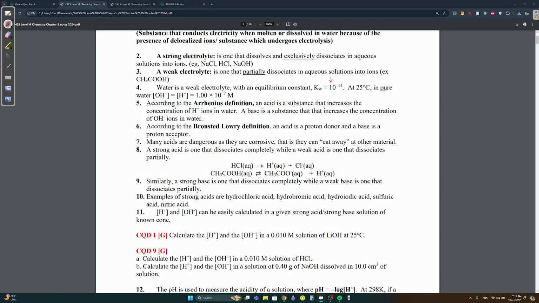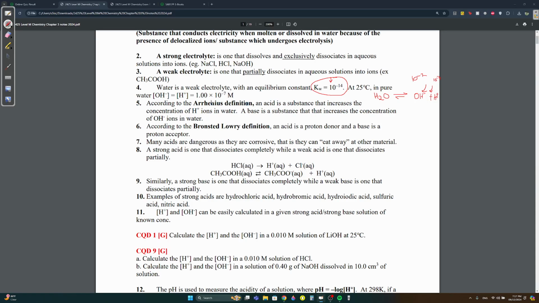If you dissociate water, H2O, you get OH- plus H+, right? So at 25 degrees Celsius in pure water, the concentration of this is equal to the concentration of this, which is 10 negative 7, 10 negative 7. So in total, what's the Kw? 10 to the power of minus 14.